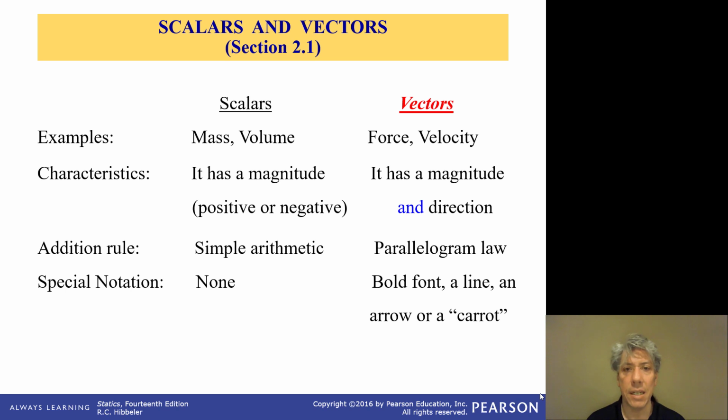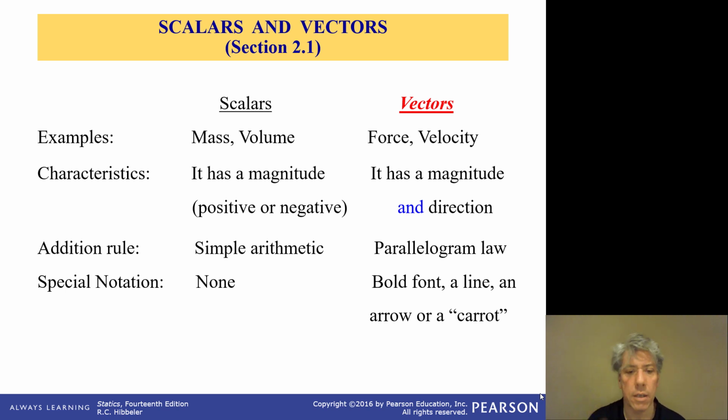Now, in order to indicate which are scalar and which are vector quantities, with scalars, we won't use anything special, but with vectors, I'll often write a line above it. I can't write it in bold font, but obviously textbooks and slides and things like that can be in bold font. Or we could also use an arrow or a caret above it. If you look on your keyboard, if you're watching this on a computer, look at the number 6.